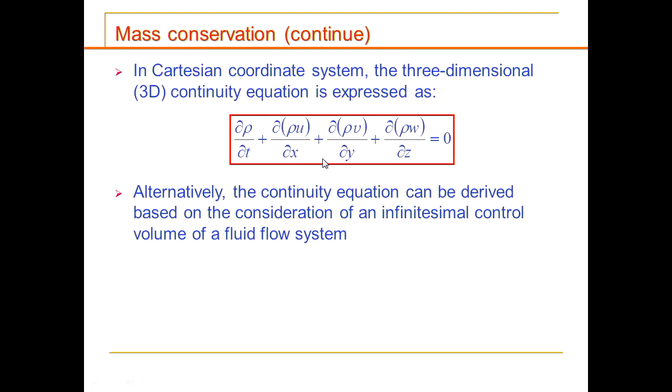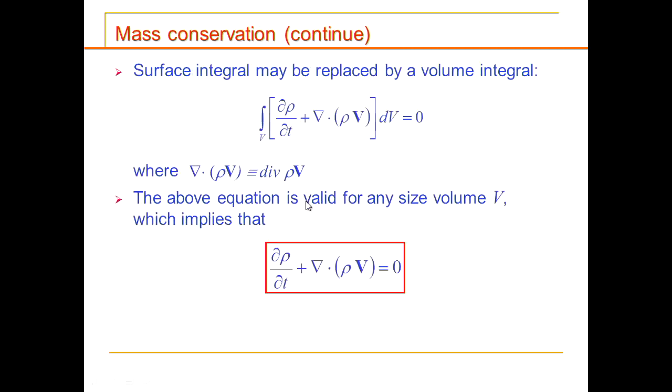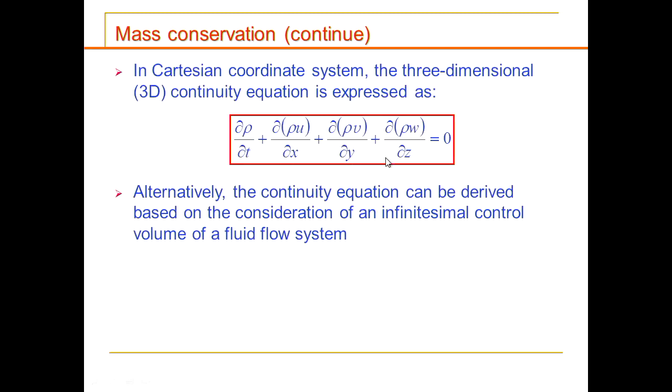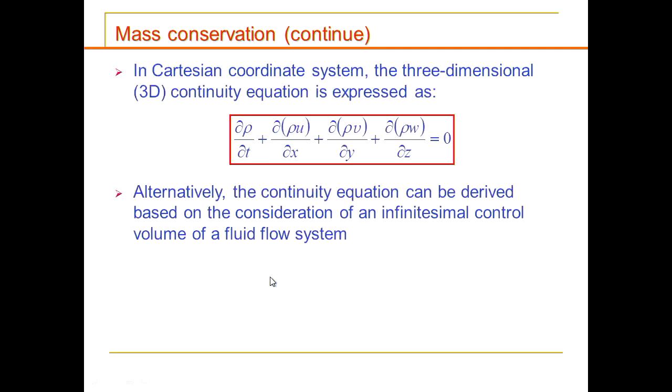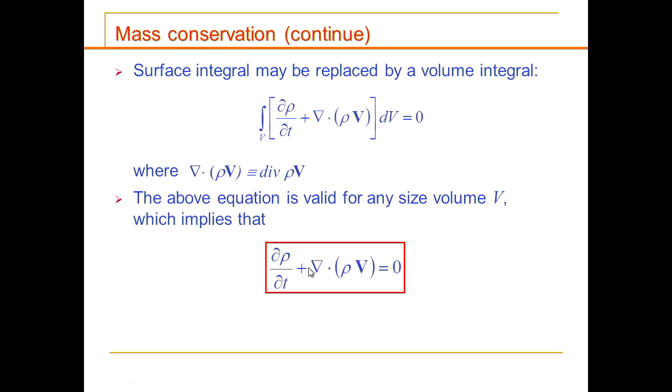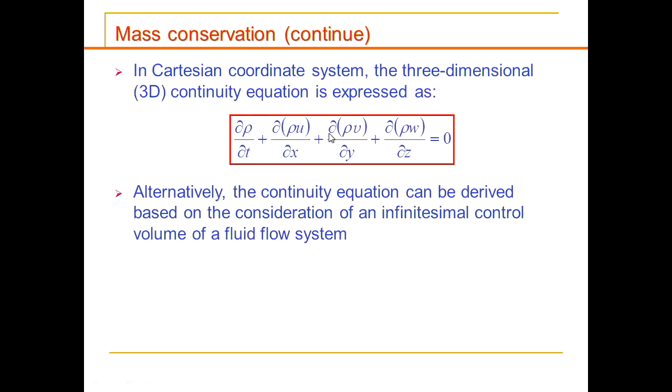So you have a 3D system, you differentiate your rho v by partial x, partial y, partial z. So here's how you come to this form. And then the first part is just a local derivative against time, so we leave this term. So if we directly transform the vector form to this part, you will come to this equation.